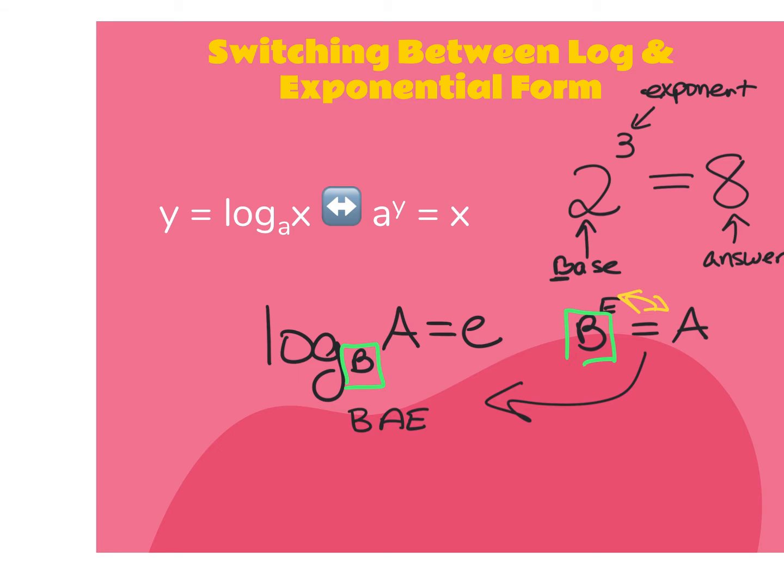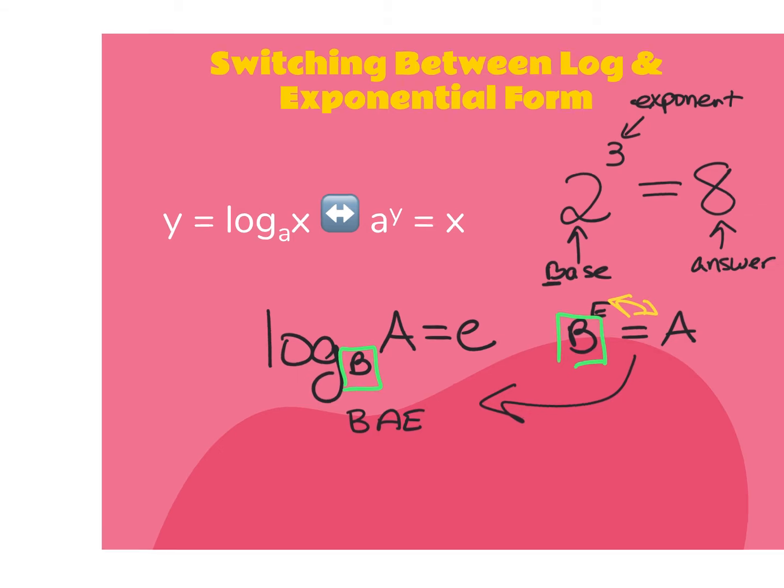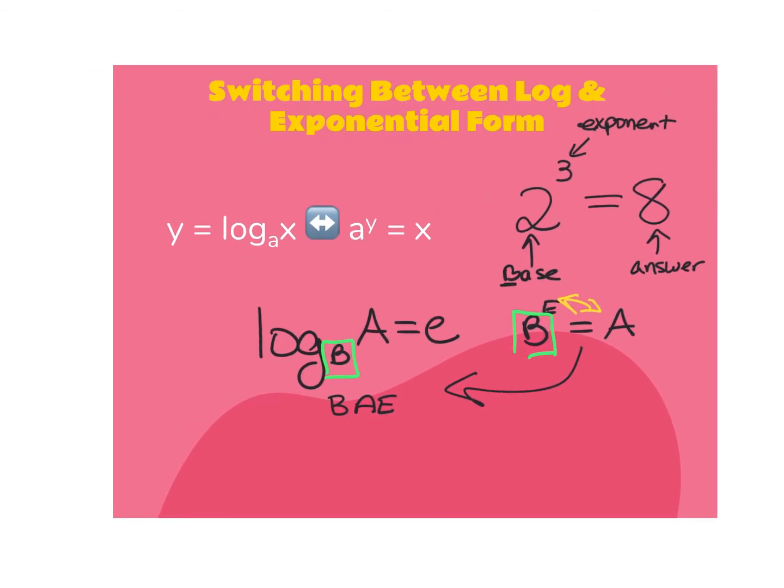But if it helps you to remember the acronym BAY, when you switch from exponential, it's spelled out as B, the name B, and then when you go into log, you're going to put in the numbers and spell the word BAY. So over here, this is an example of a log equation, and this would be the exponential form.